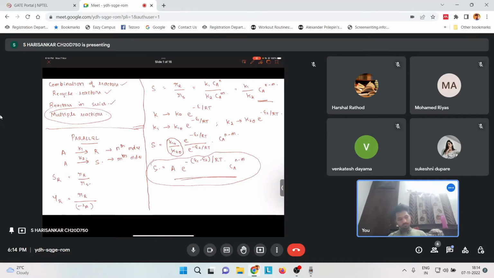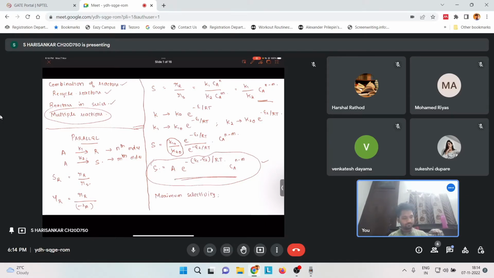Okay. So now let's say we want to have the maximum selectivity. So what this equation helps us to do is we can maximize selectivity by increasing the concentration, or by looking at the activation energy of these two reactions.